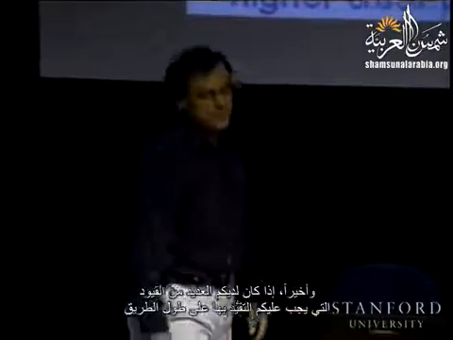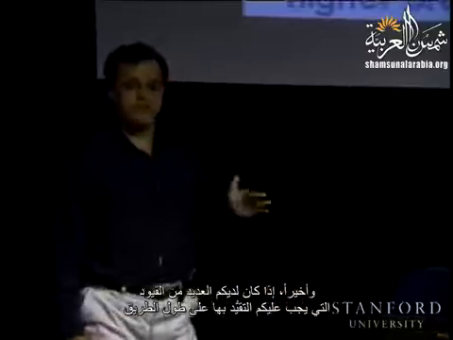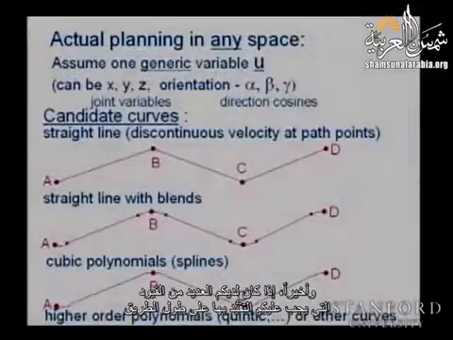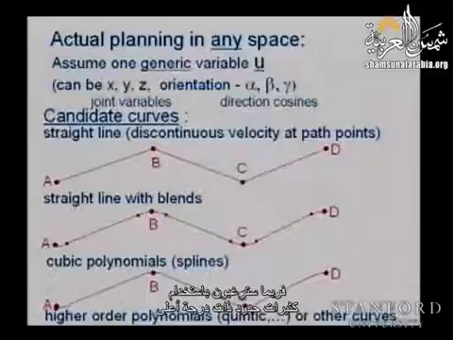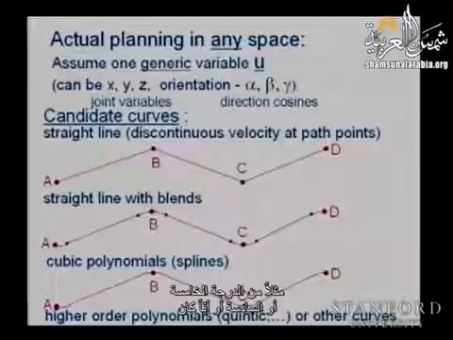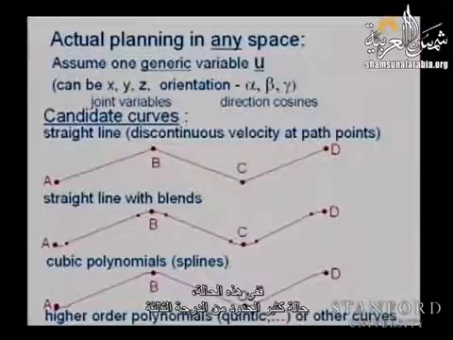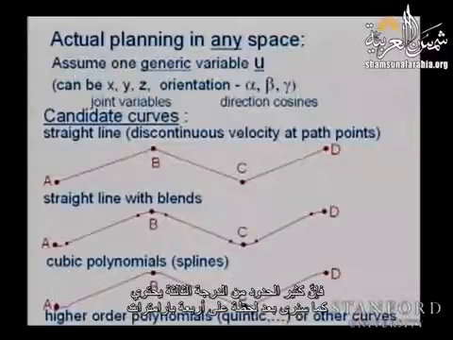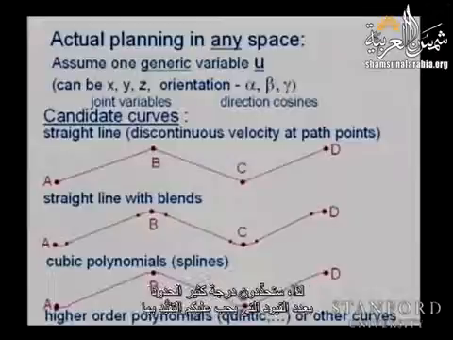Finally, if you have a lot of constraints that you want to satisfy along the way, you might want to use higher order polynomials like quintics or septics, because a cubic polynomial, as we'll see in a moment, has 4 parameters. So you're limited in how many constraints you can satisfy.